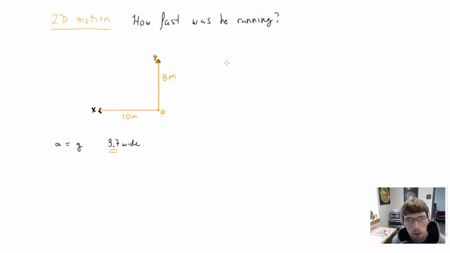Going into our process, let's identify the initial state, and let's find the final.